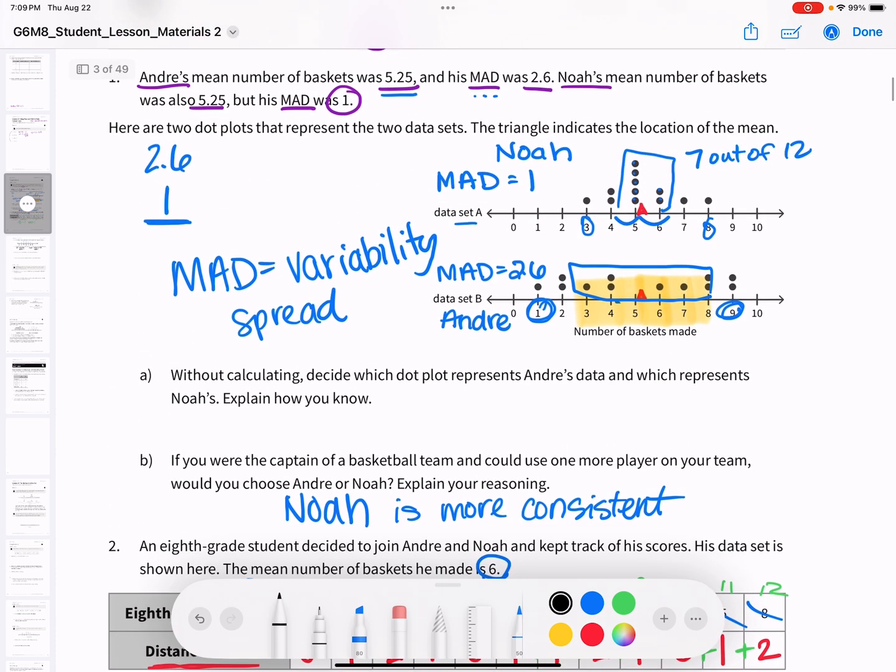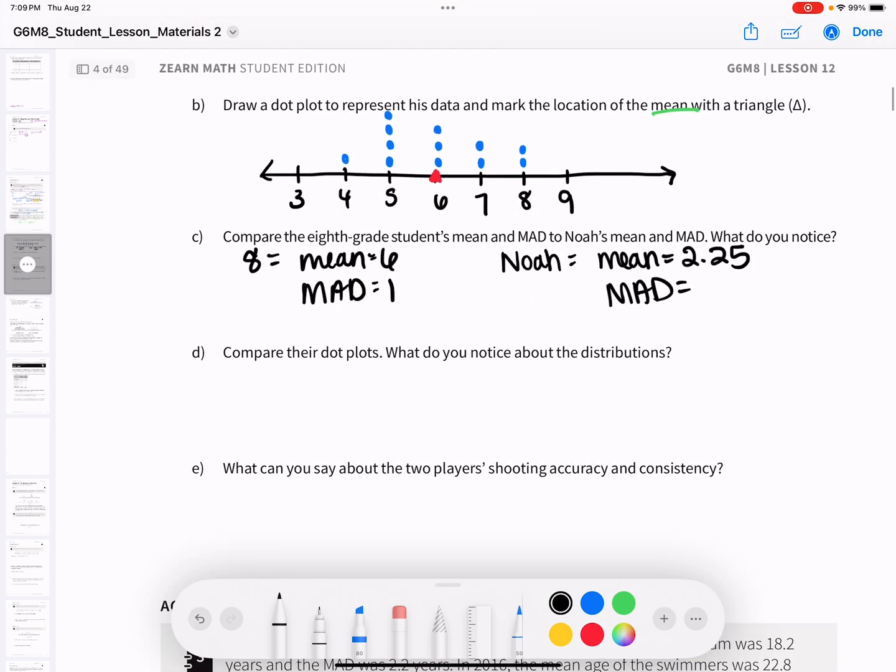Yep, his MAD was 1. Sorry, not 2.25, 5.25. There we go.